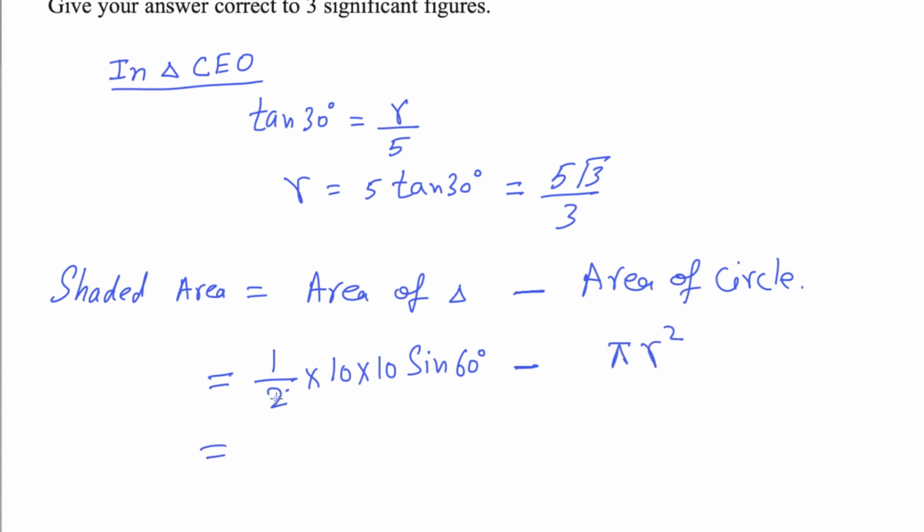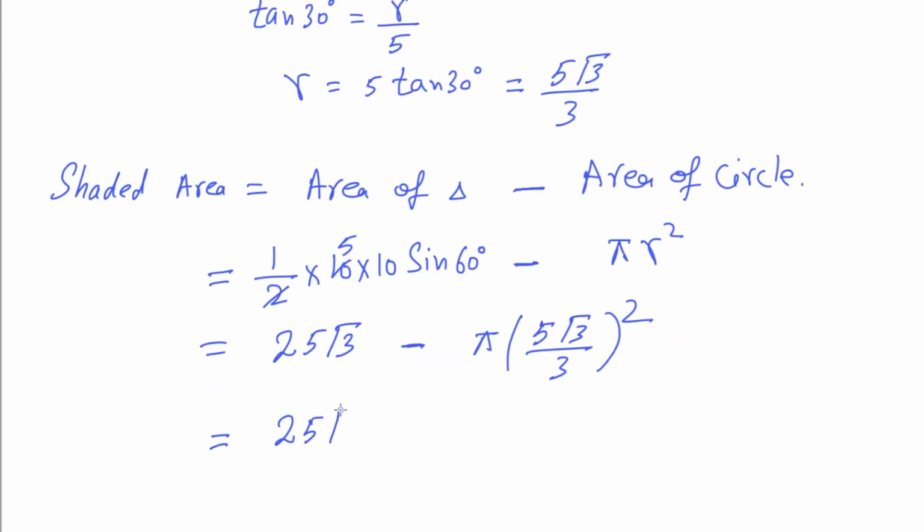Here this will cancel out. 5 multiplied by 10, 50. 50 sine 60 equals 25 square root 3, minus pi times (5 square root 3 divided by 3) squared. 25 square root 3 minus pi, and this one is equal to 25 over 3.